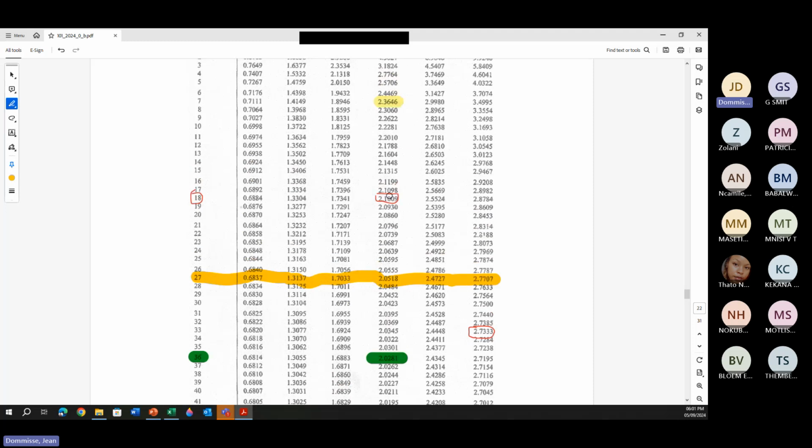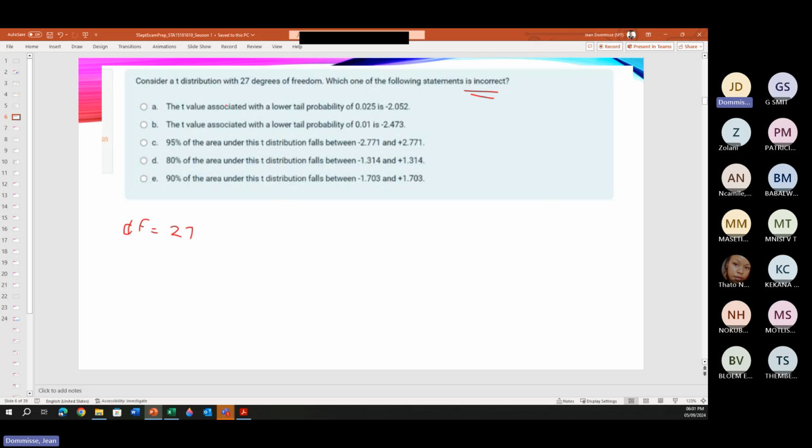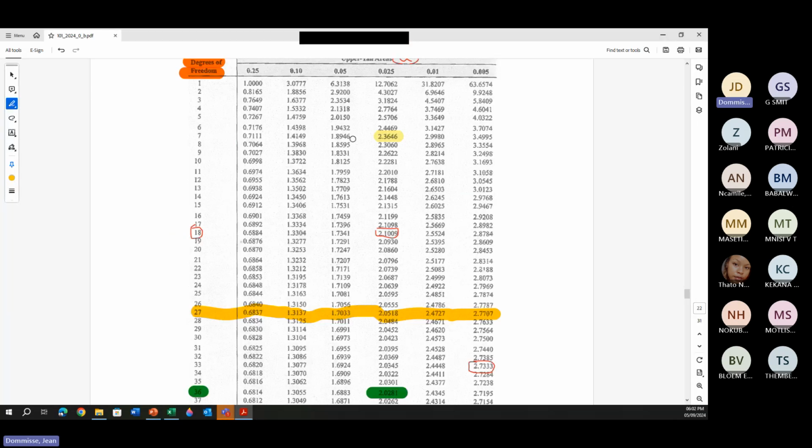So let's just make 100% sure again. The t value associated with a lower tail probability of 0,025. There we have it.